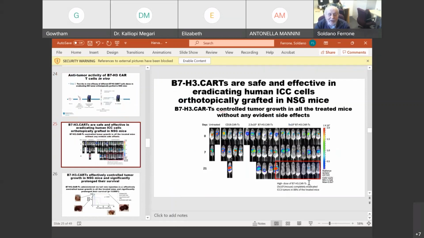Finally, we have investigated whether the CAR T cell... all these experiments, of course, address the question of control, elimination, eradication of primary tumor. But as I mentioned before, from a clinical viewpoint, it's important to know if we can control the metastatic spreading.